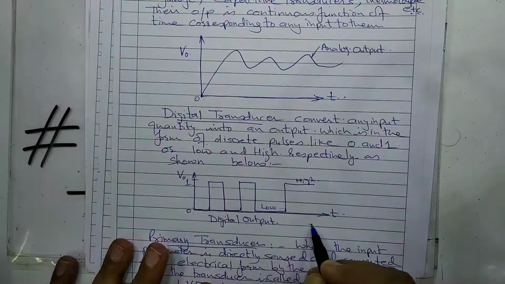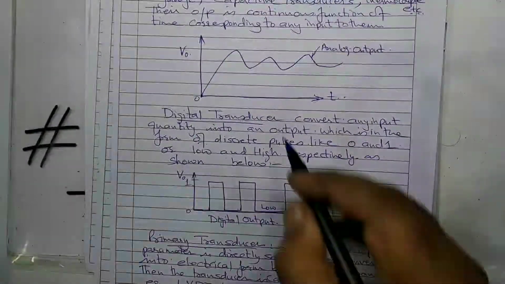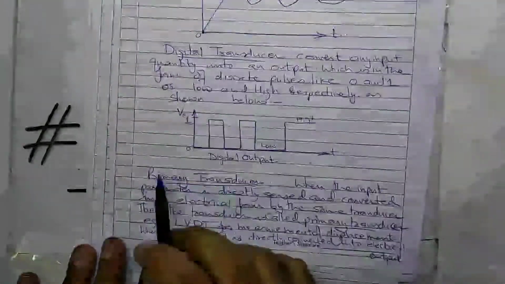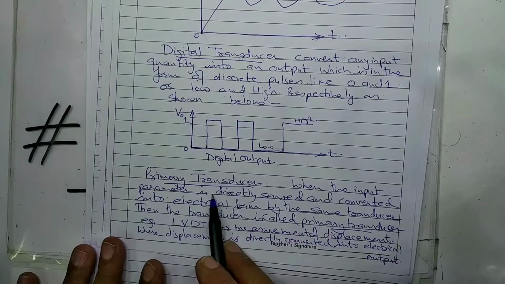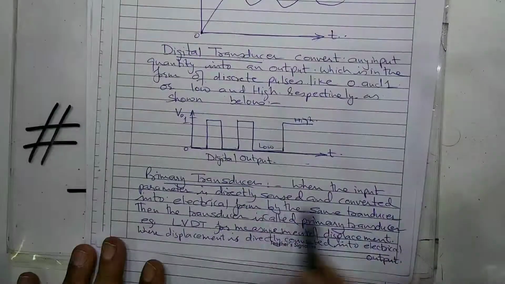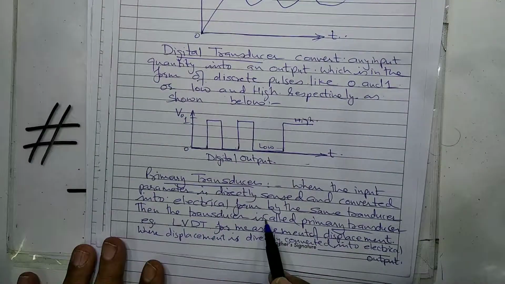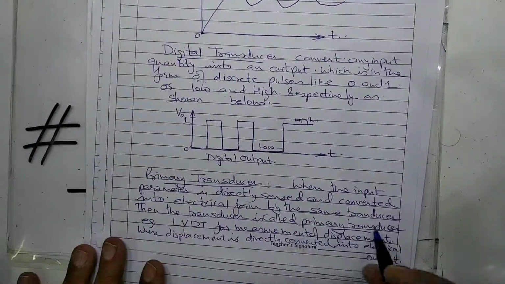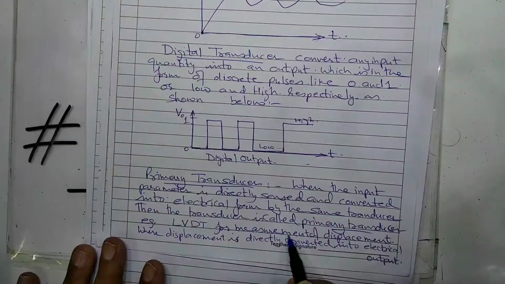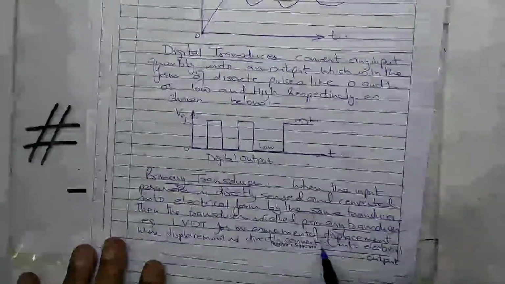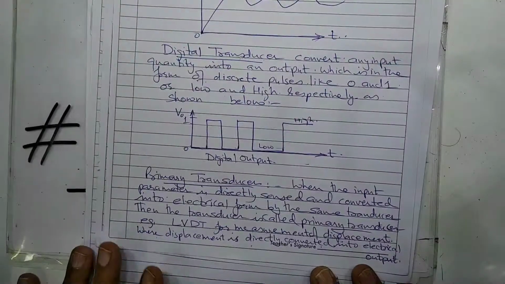So this is called digital output, and the transducer is called digital transducer. Primary transducer. When the input parameter is directly sensed and converted into electrical form by the same transducer, then the transducer is called primary transducer. For example, LVDT for measurement of displacement, where displacement is directly converted into electrical output.